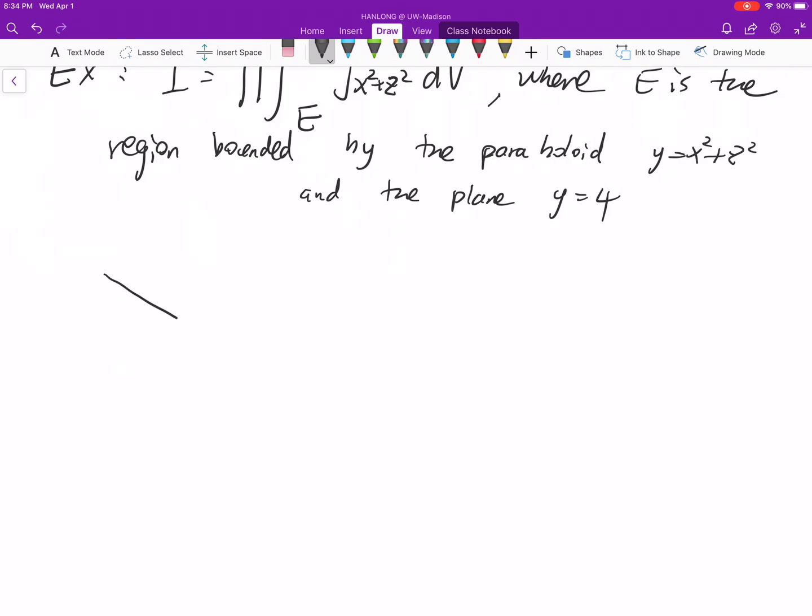For this kind of problem, the first step is always to draw some picture. You're not required to draw a very exact picture, but at least you should understand what your procedure is next. Okay, suppose you have x, y, z axes, and then record this parabola. The mouth is towards the positive y direction.